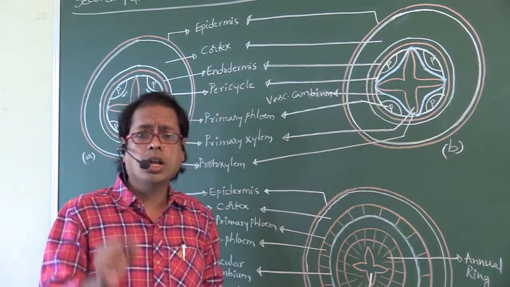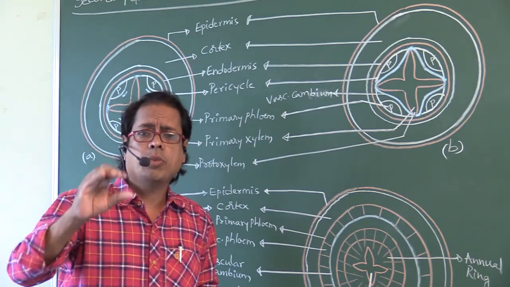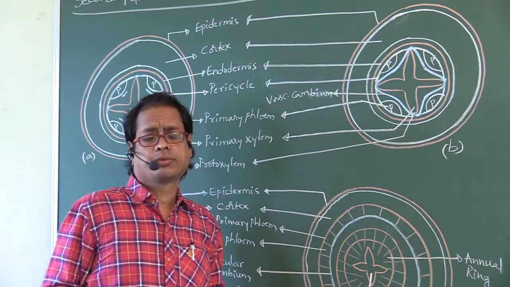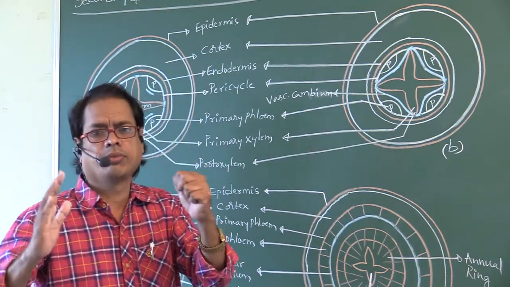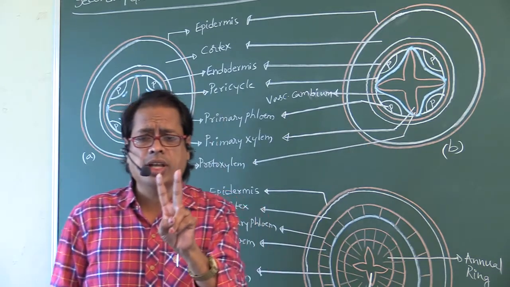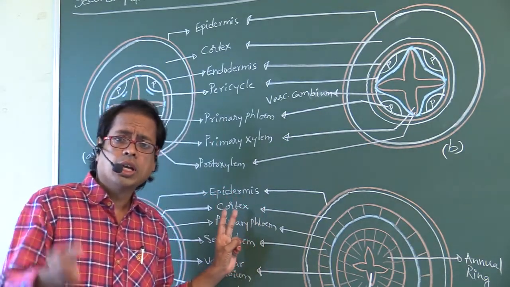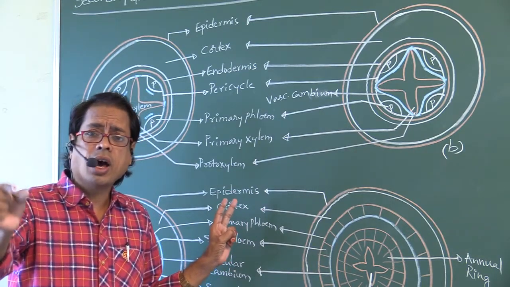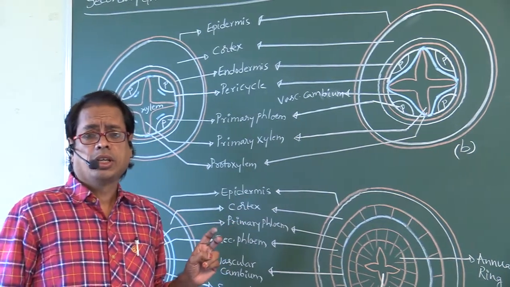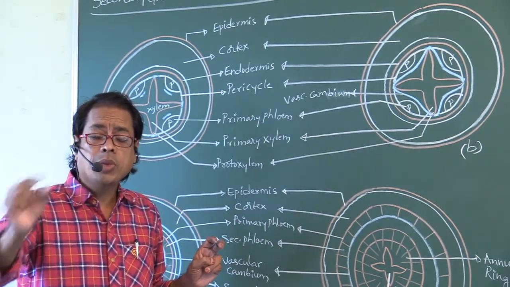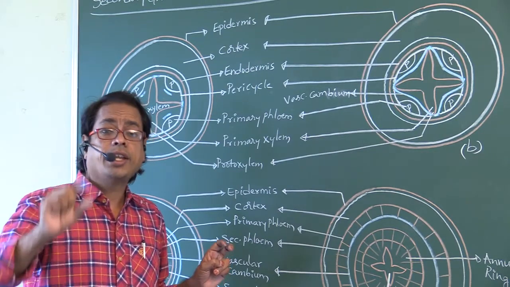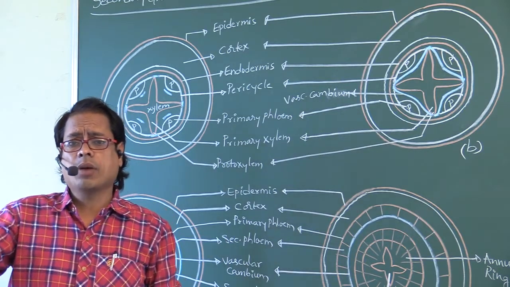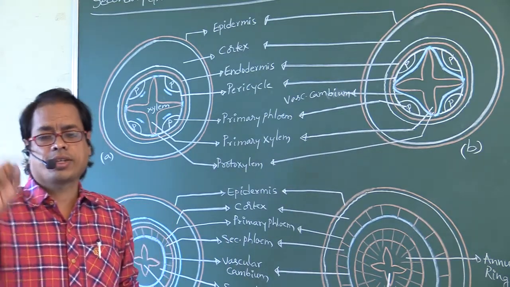Cork cambium is also called phellogen. This cork cambium produces phellem towards outer side, phelloderm towards inner side. Similar in the case of dicot stem. So, 2 points you have to remember, my dear students. In dicot root, cork cambium is formed from pericycle, whereas in dicot stem, cork cambium is formed from parenchyma cells of cortex.